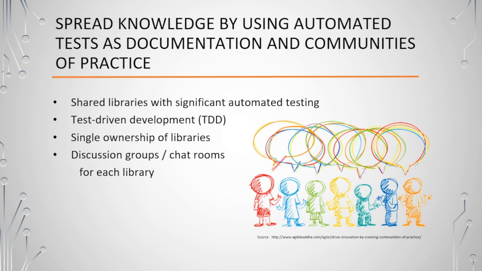These test suites become living, up-to-date specifications of the system. Assigning a single owner or team to be responsible for supporting each of these libraries is a good practice that will centralize where the expertise and knowledge reside. Another effective practice is to use discussion groups or chat rooms for each library. This will make it easier to access information specific to those libraries.